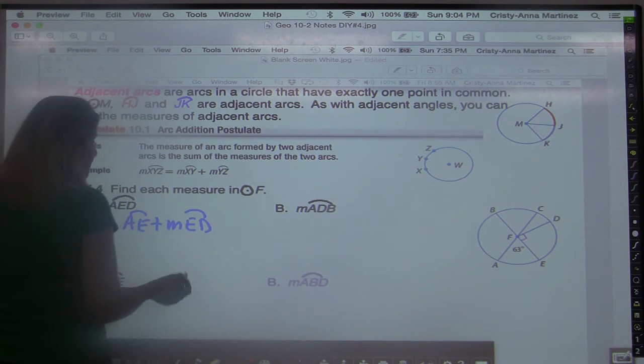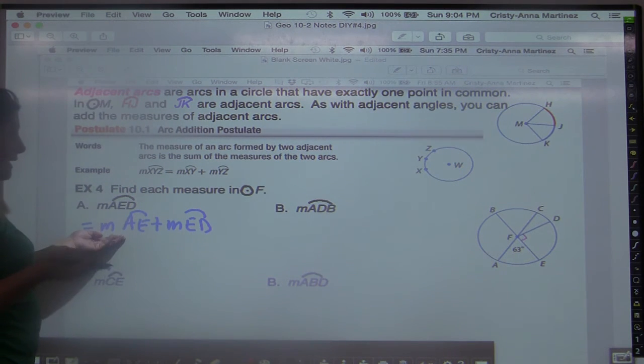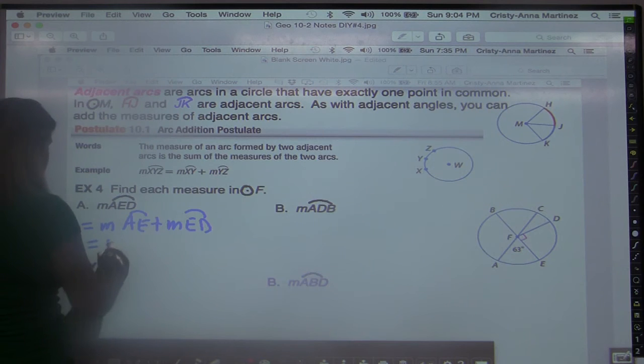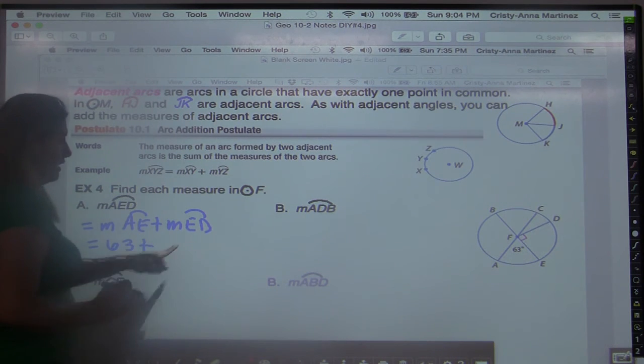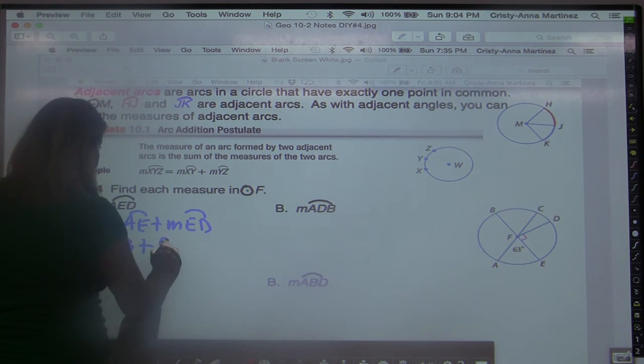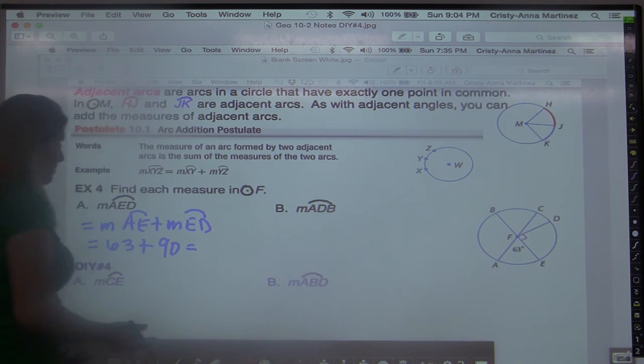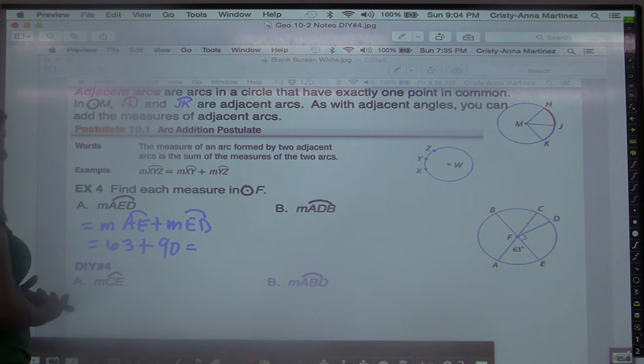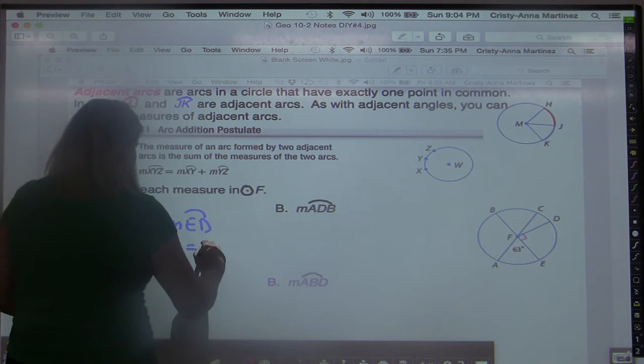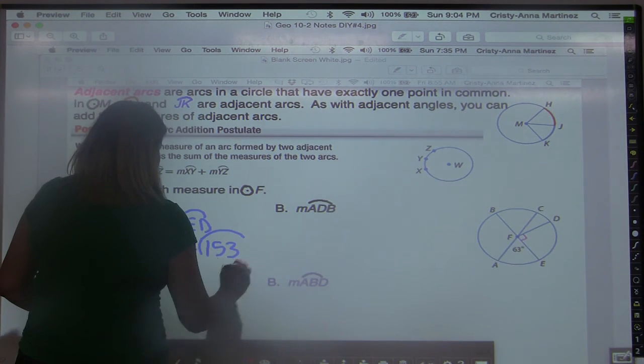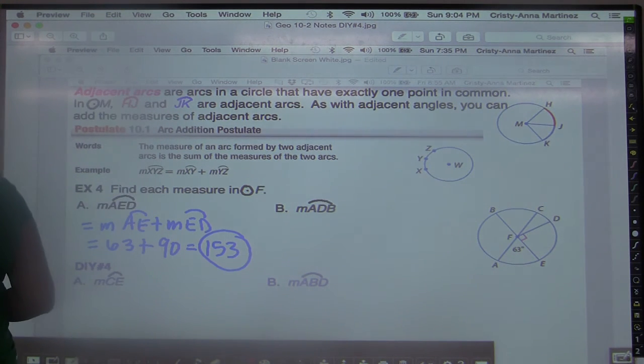From the diagram, we know that arc AE is 63, and we know that arc ED is 90, so we can add them together: 90 plus 63 is going to be 153. And so our answer for part A is 153.